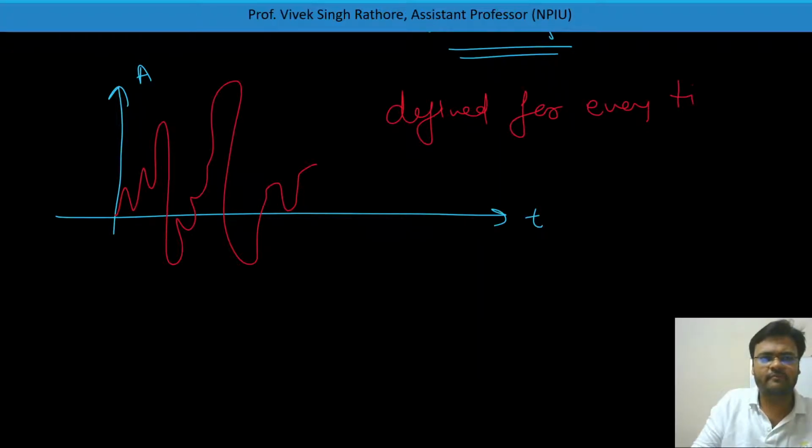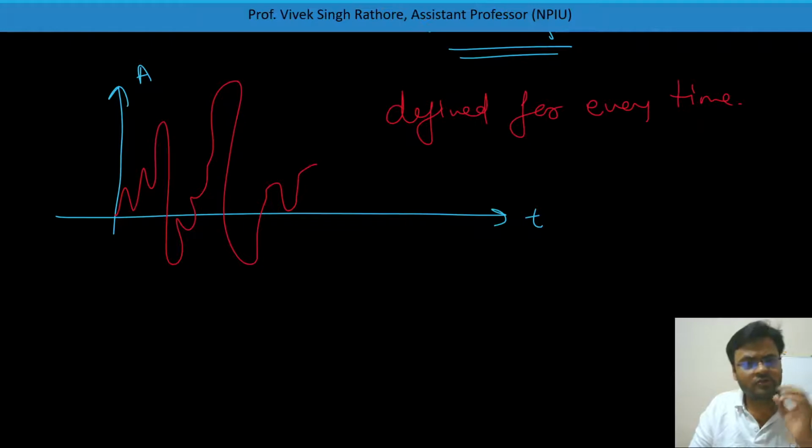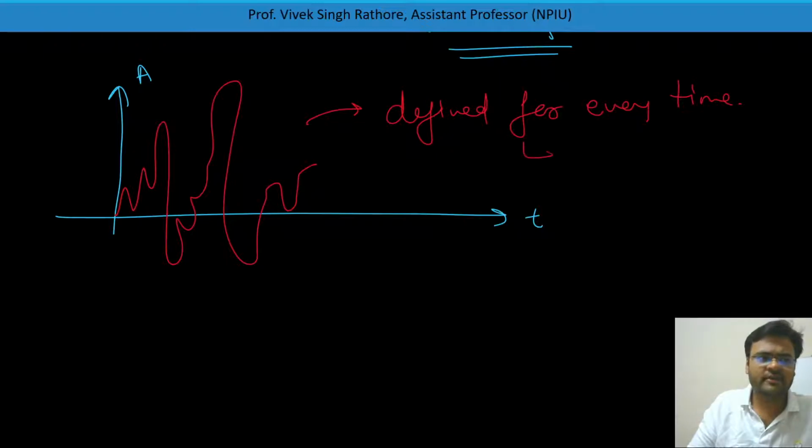If you see 0.1 second, some value is there. At 0.01 second also some value is there. Whenever a signal is defined for every time instant, that signal is called a continuous time signal.